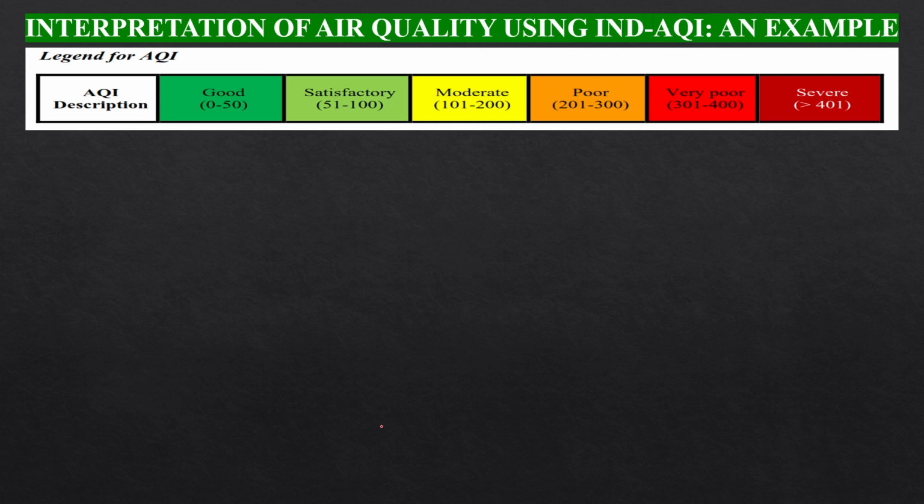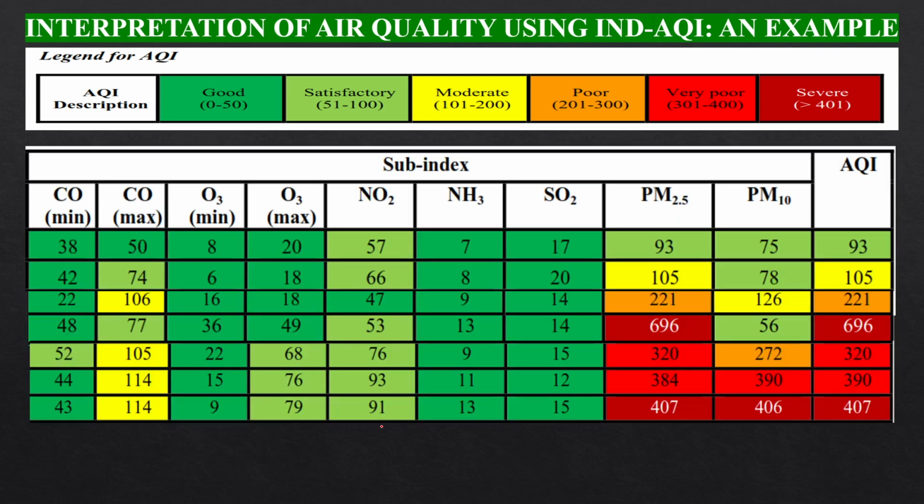Now the interpretation of air quality using the India Air Quality Index. This is our legend, which we have already discussed, and this is one of the examples. You can see that the sub-indices are given here for various pollutants, and the maximum is for PM2.5, whose sub-index value is 90, and the overall index is 93.